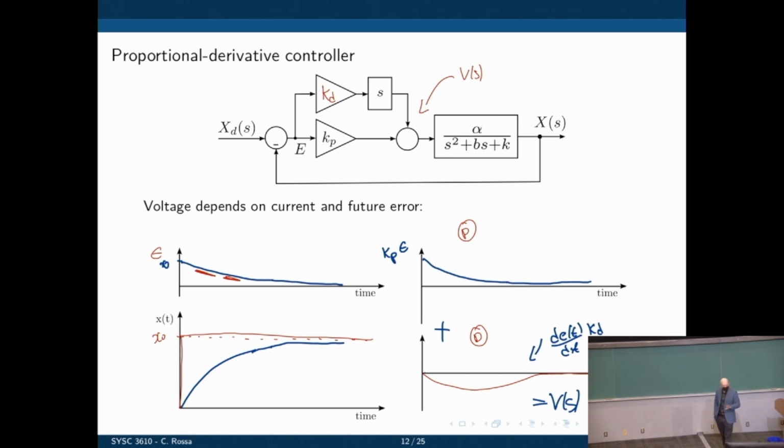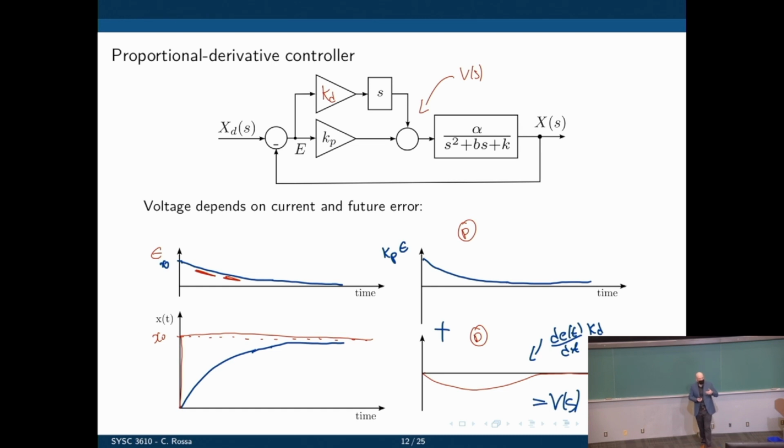In contrast to the integral component, where we added two positive control actions, proportional and integral, and we delivered more energy to the system, here is the opposite. Here we are adding the proportional part to a negative part. We are actually delivering less energy to the system. We are slowing the system down. And why are we slowing the system down?